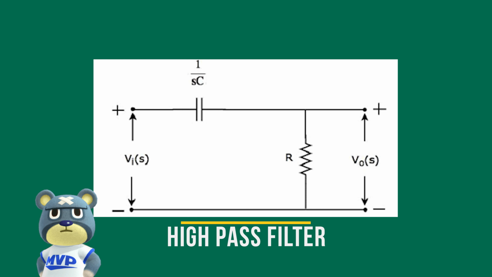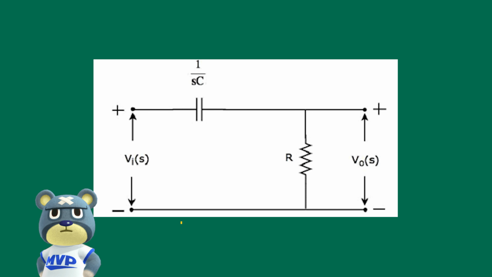The next one is a high-pass filter. The high-pass filter only allows high-frequency signal from its cutoff frequency FC point and higher to infinity to pass through while blocking any lower. So you will see the high pass only allows the high frequency to go to the output.